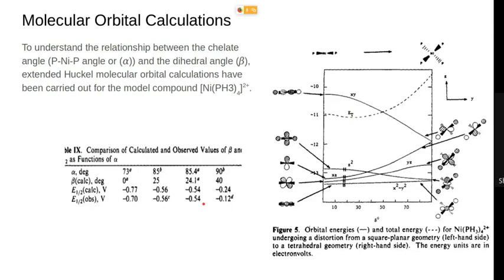So thus we can say that increasing the bite size can cause tetrahedral distortion, and this is not just because of steric interactions, but it can also cause a stabilization considering the electronic factors. Thank you.